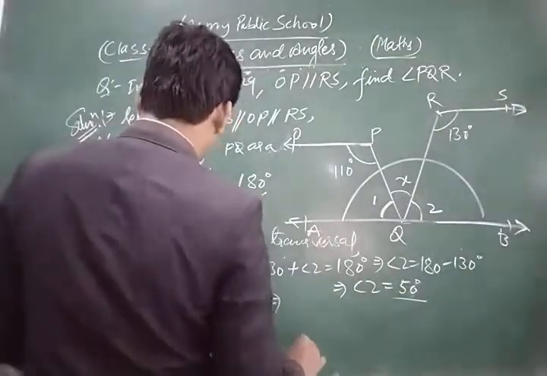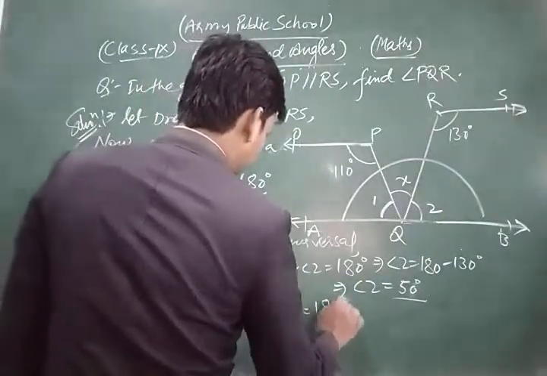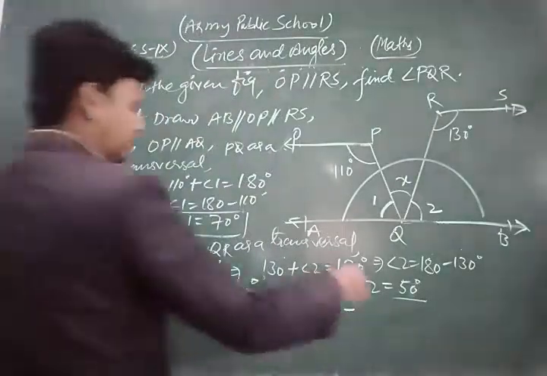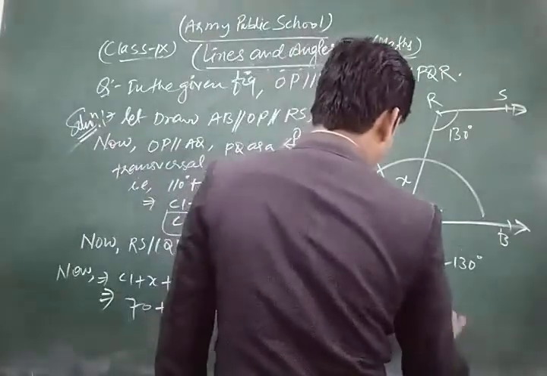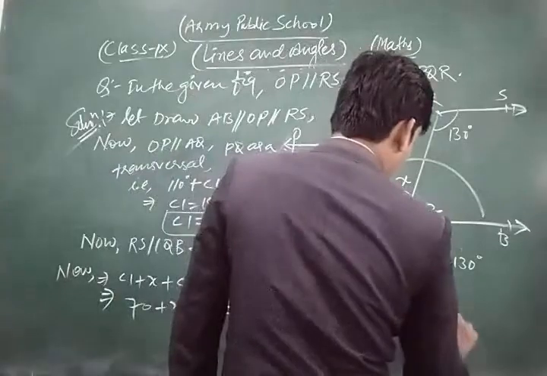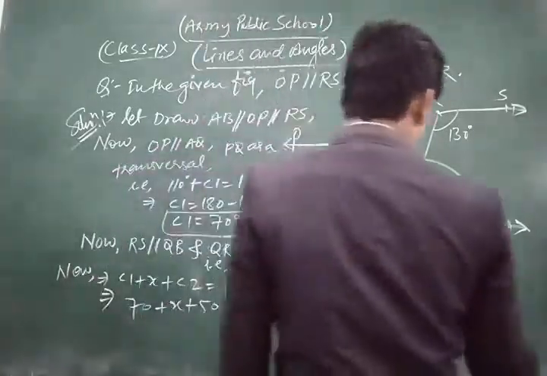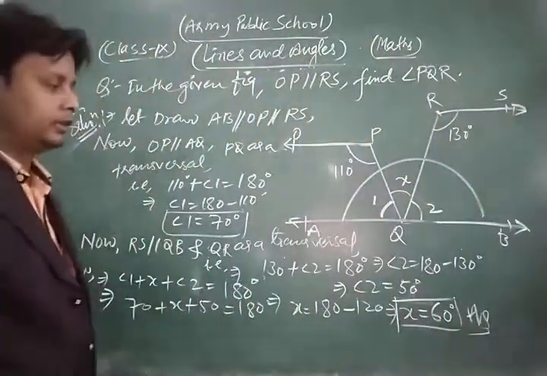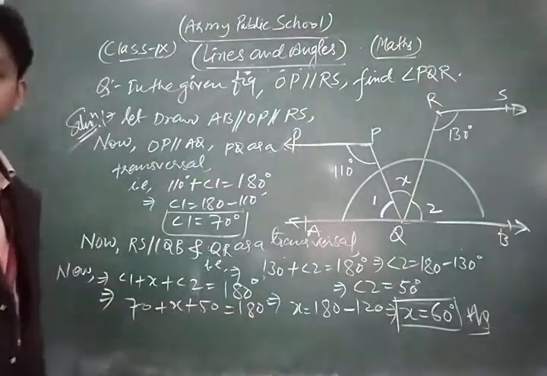So x is equal to 180 minus 70 minus 50, that is 180 minus 120, so x is equal to 60 degree. So thus the value of angle PQR is 60 degree. This is the required solution of the given question.